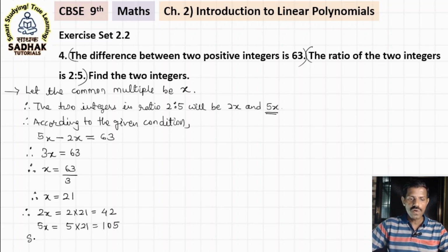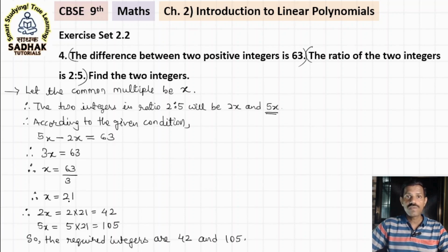Okay, so the required integers are 42 and 105. Okay, see, some students will stop here only, x is equal to 21, but that is not the question which is asked. That is only the common multiple which we had taken in the first step. So actually we have to find out 2x and 5x, which we have done finally.